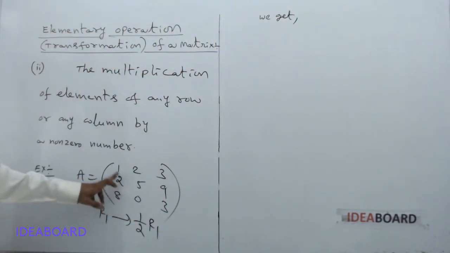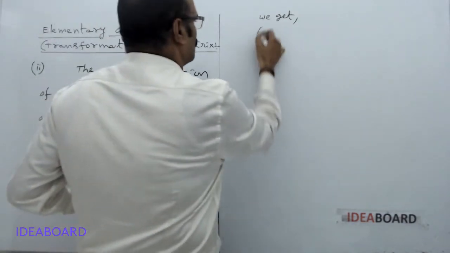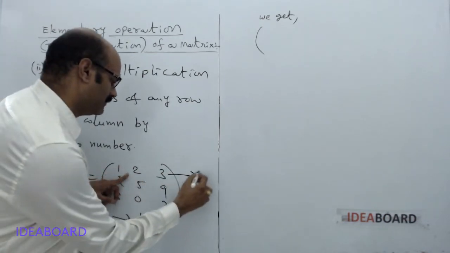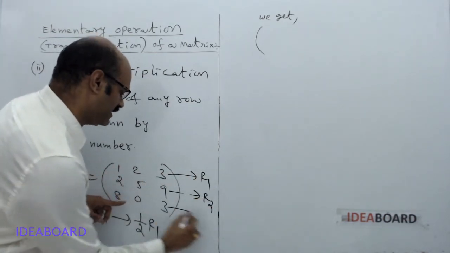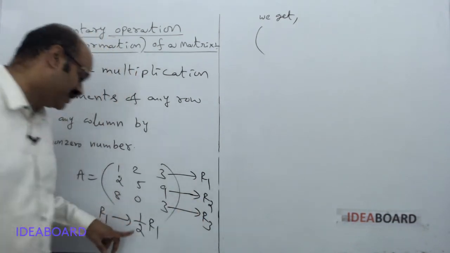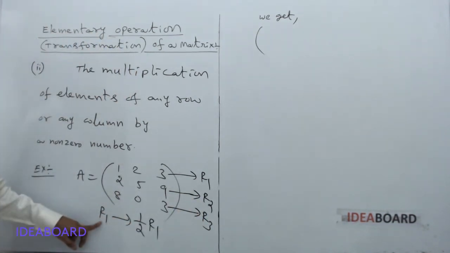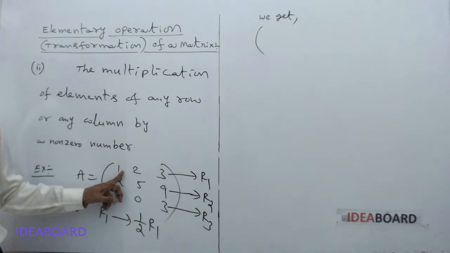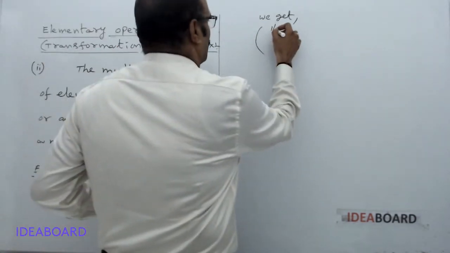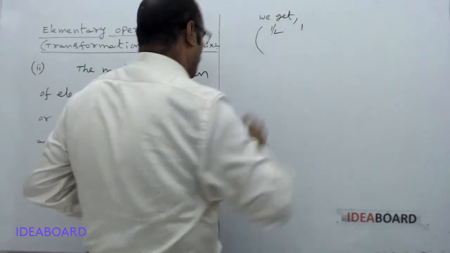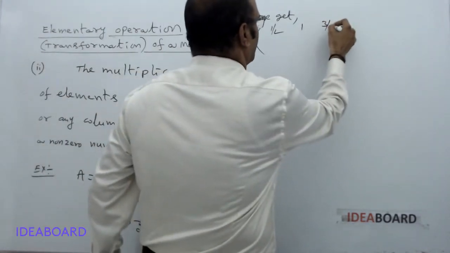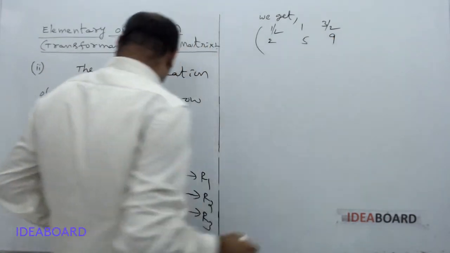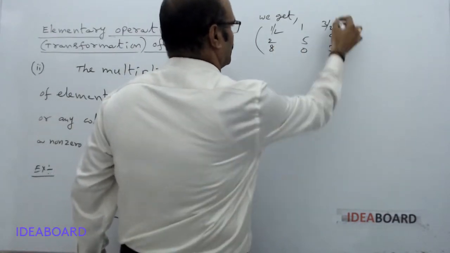This is row 1, this is row 2 and this is row 3. Here we are doing the operation only on row 1, so we multiply each and every element of row 1 by 1 by 2. So 1 into 1 by 2 is 1 by 2, 2 into 1 by 2 is 1, 3 into 1 by 2 is 3 by 2, and the other rows are 2, 5, 9 and 8, 0, 3.